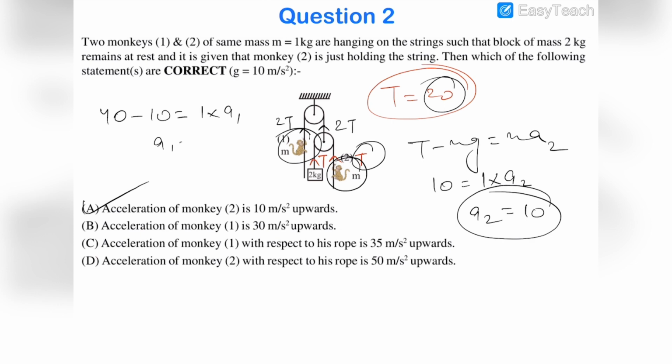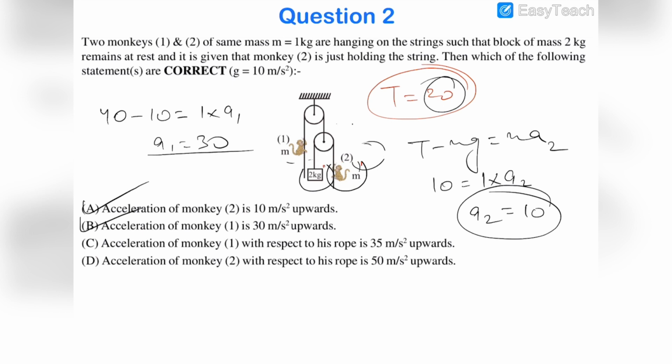So a1 will be equal to 30. So the acceleration of monkey 1 is 30, and the acceleration of monkey 1 with respect to rope. Now we know that if this block is going nowhere, the acceleration of this block is 0.